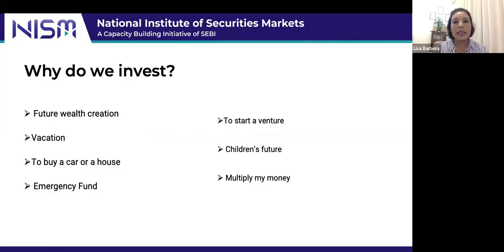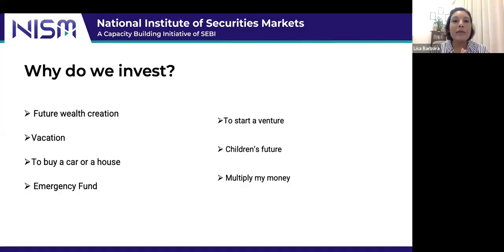And as you can see, the purpose of investment can be anything, right? From planning a vacation, which is 1 or 2 years away, to maybe planning the start of your venture, which could be 5, 10 years away, to your children's future, if you have a family, to just creating wealth, to building an emergency fund, to wanting to multiply your money.